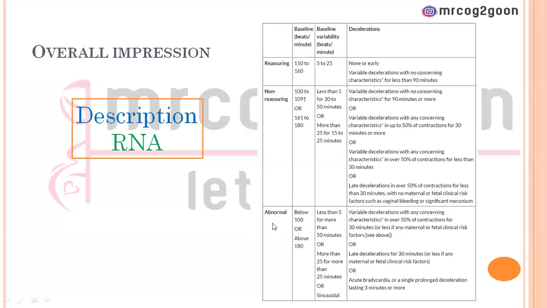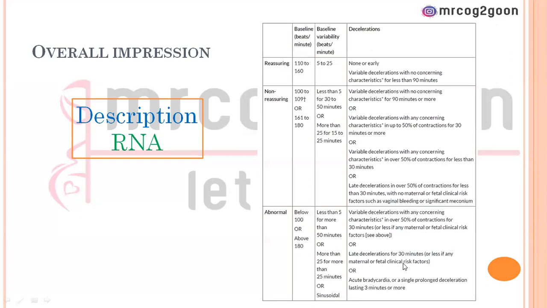Okay, and abnormal: below 100 or above 180, variability less than 5 for more than 50 minutes, or more than 25, or sinusoidal. Variable deceleration with any concerning characteristics in over 50% for 30 minutes or more.